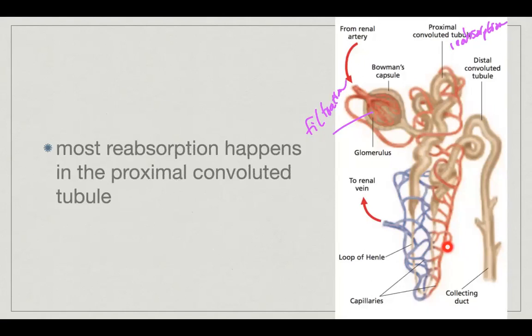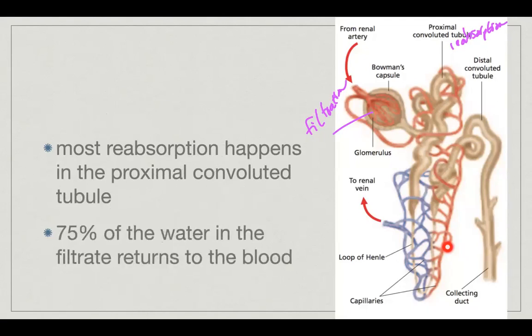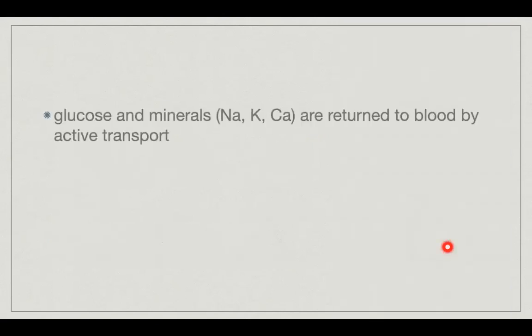So most of the reabsorption occurs right after filtration. 75% of the water in the filtrate is going to be returned to the blood. If there's one thing your body is really, really good at, it is conservation of water. Now, the minerals and any nutrients that have been filtered out of the blood, they're going to be returned by active transport.